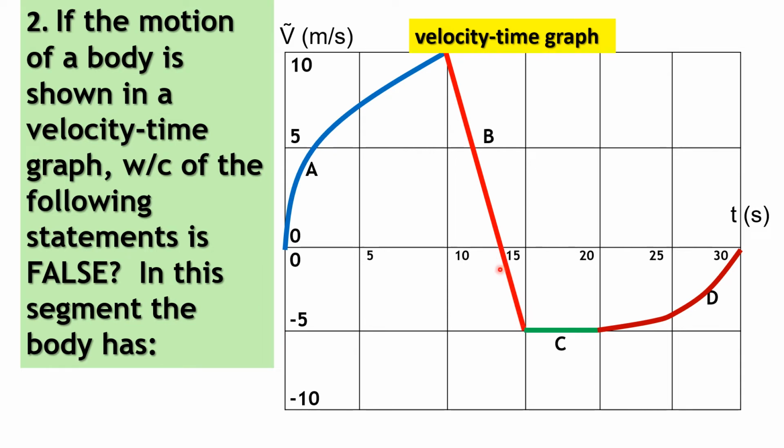But the direction of the motion is now going to the negative direction, all right? Since all the values or all the signs of our velocity below zero, such as negative 5, negative 10, and so on, indicate that the velocity is in the negative direction.